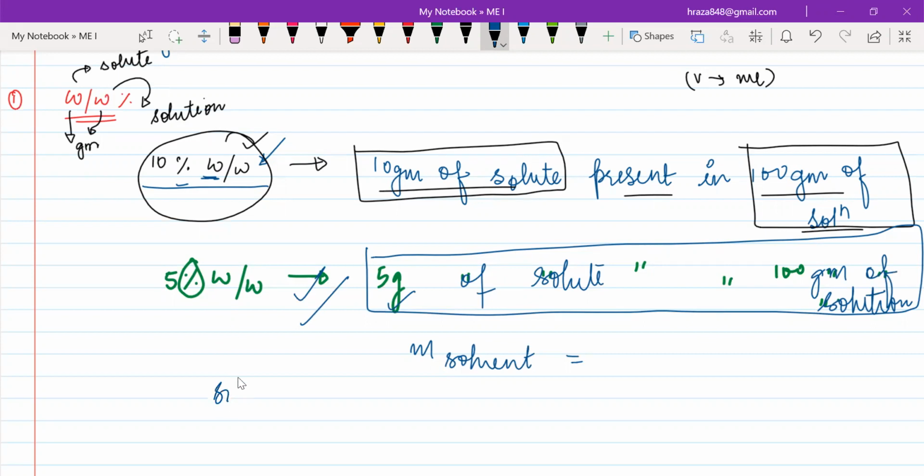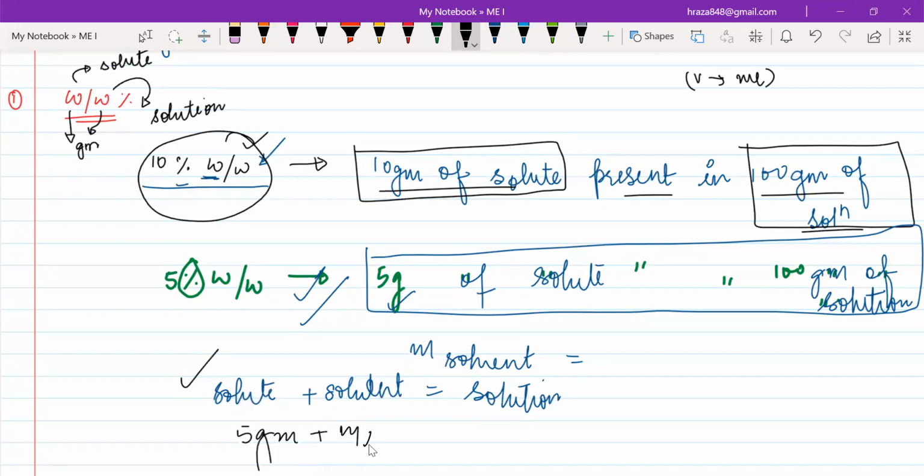Okay, you know that solute plus solvent gives solution. The solute is 5 gram, and the solution is 100 gram. So the mass of solvent is 100 minus 5, that will be 95 gram. Are you getting my point? Yes, sir. Very good. Please do write it.